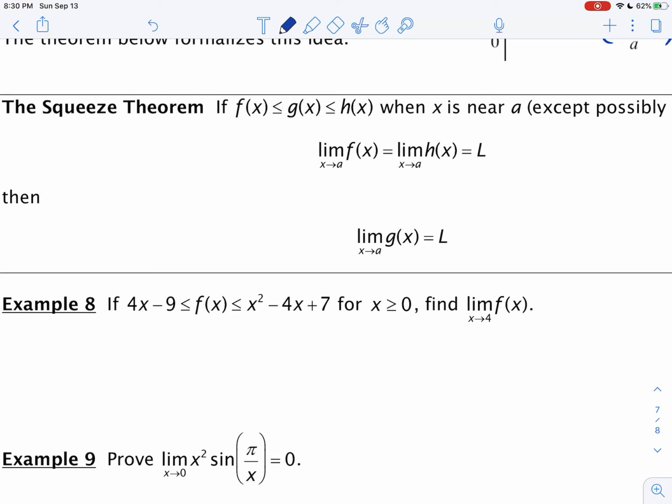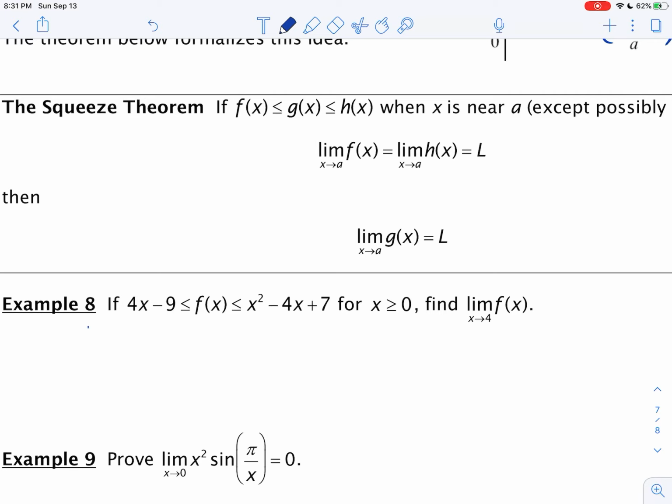But this one, the limit as x approaches 4 of f of x, that's what we need to find. And we note in this case that 4x minus 9 is less than or equal to f of x, and that's less than or equal to x squared minus 4x plus 7 for all x's bigger than 0. And since x is approaching 4 and 4 is bigger than 0, we can apply the squeeze theorem.